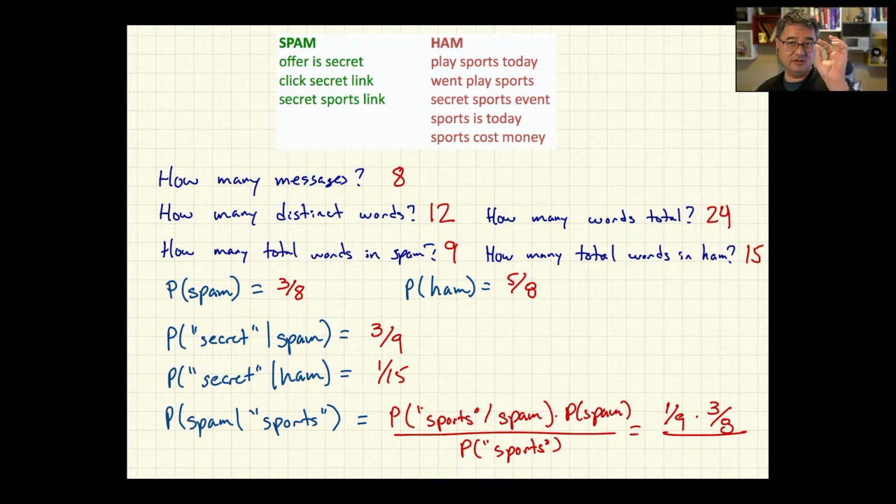And then in the denominator, we just need to know the probability that a given word is the word sports overall. Sports appears 1, 2, 3, 4, 5, 6 times, and there's a total of 24 words. And if you work out all those calculations, you get 1/6.